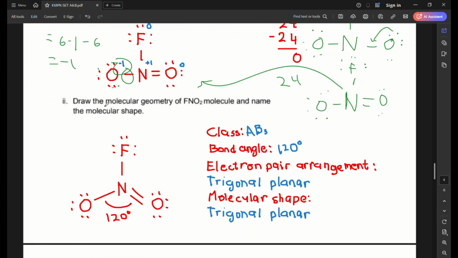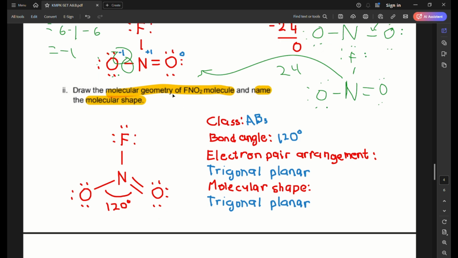So the next question is to draw the molecular geometry of the FNO2 molecule and name the molecular shape. When the question asks something related to molecular geometry, you need to list all of the required information, which is first to determine the class.